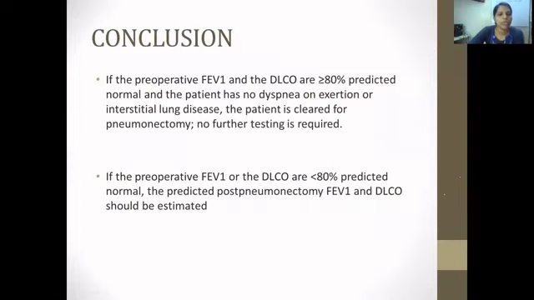So, in conclusion, if the preoperative FEV1 and DLCO are more than 80% of predicted normal, and the patient has no dyspnea or any features of interstitial lung disease, the patient can be cleared for pneumonectomy, no other test needed. If the preoperative FEV1 and DLCO are less than 80% of predicted normal, this patient has to go for calculation of predicted post-pneumonectomy FEV1 and DLCO.